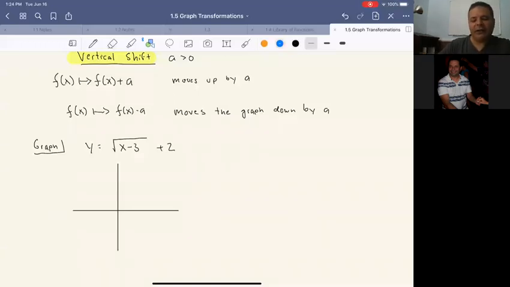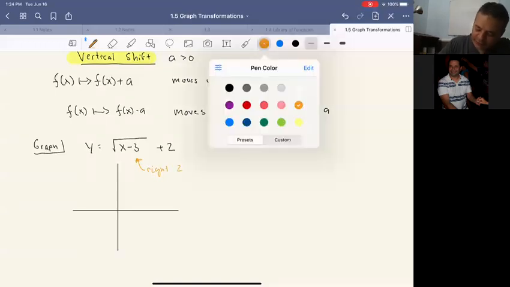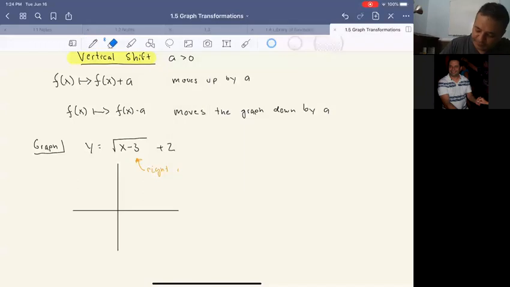Now, what's going to happen? The minus 3, remember, that's going to move my square root function to the right by 2. And, I'm sorry, by 3. And the plus 2 is going to move everything up 2.